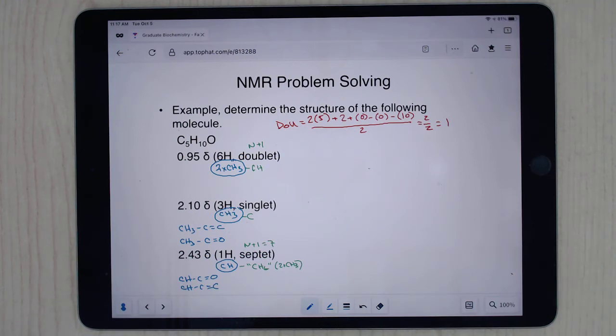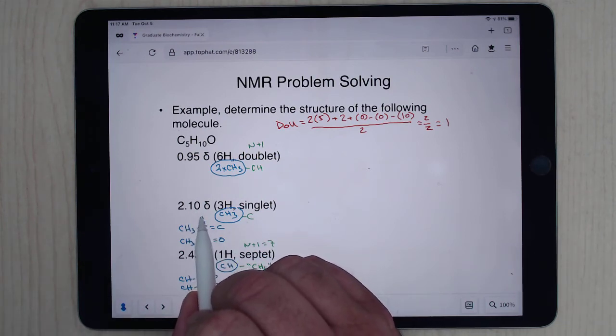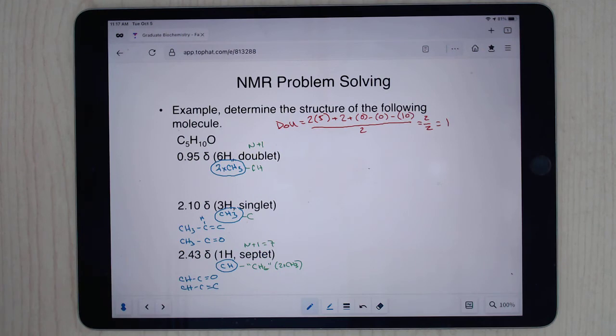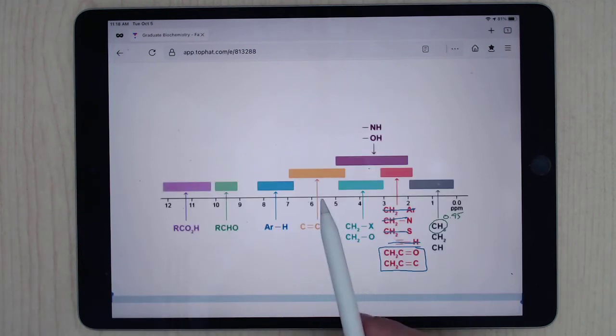Because of that, you would expect at least one hydrogen, say here, that would give a signal right around 5 for that alkene. If our group was next to an alkene, we would probably have at least one hydrogen hanging off of it, which would give a signal over here. We don't have that. Remember, sometimes what's not there is just as important.